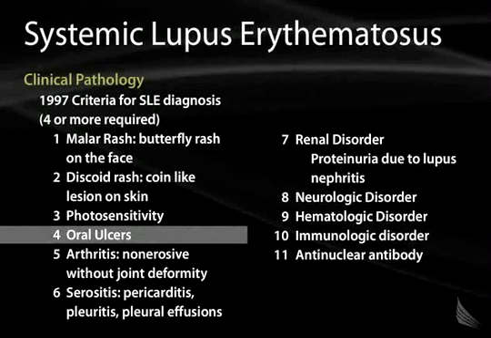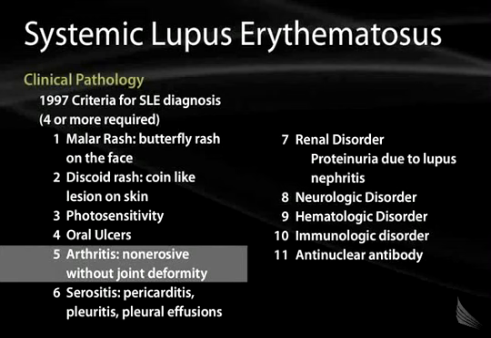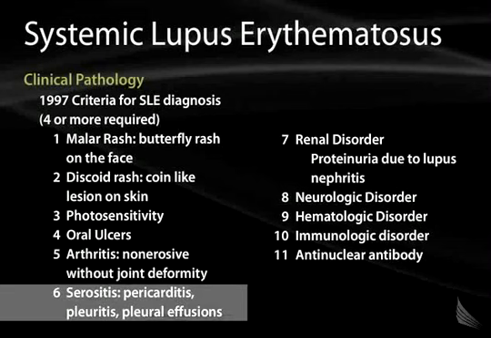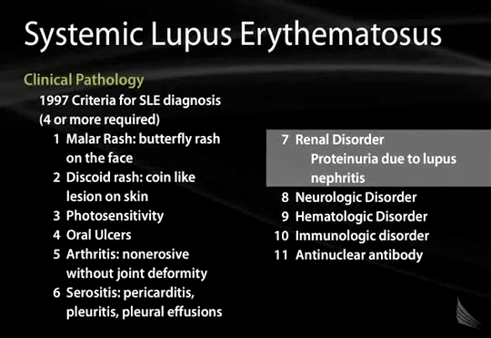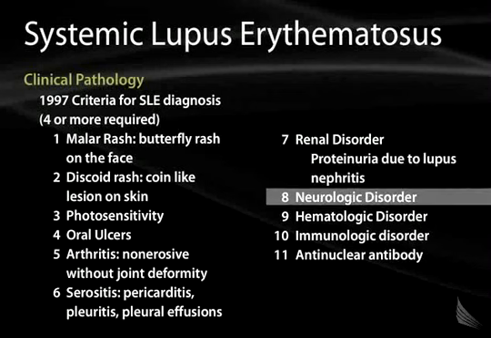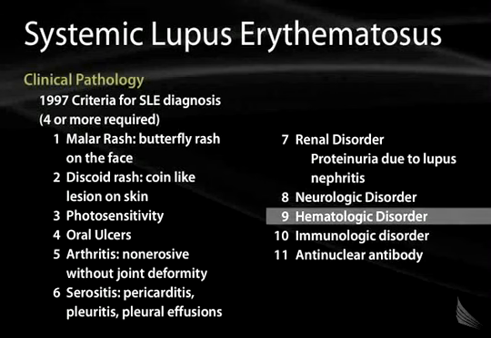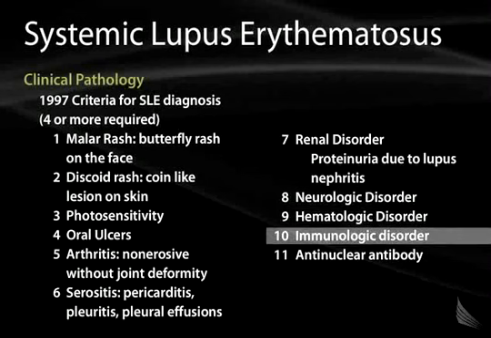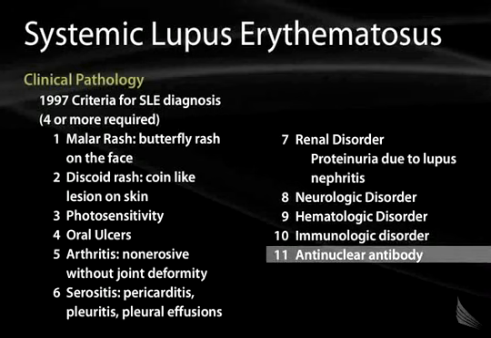There can be oral ulceration, non-erosive arthritis, serositis, particularly pericarditis or pleuritis with pleural effusions. There can also be an associated renal disorder with proteinuria due to lupus nephritis. There is lupus cerebritis, which can cause neurologic disorders, hematologic disorders including but not limited to severe thrombocytopenia, immunologic disorders, susceptibility to infection, as well as anti-nuclear antibody.